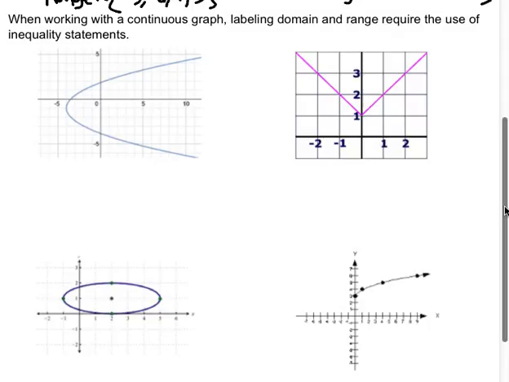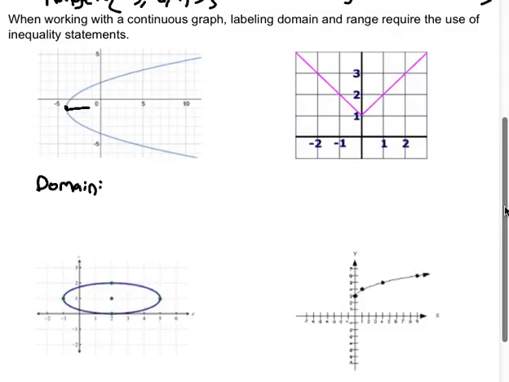So instead what we do is we require using inequality statements. Okay, so what I mean by that is, here if I'm looking at the domain of this thing, okay, domain represents x values, right? So the domain of this thing, I see the x's starting back here, okay? They're starting at that vertex. And what x's are being used?